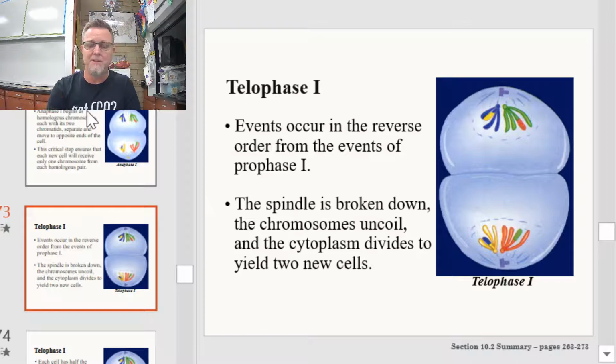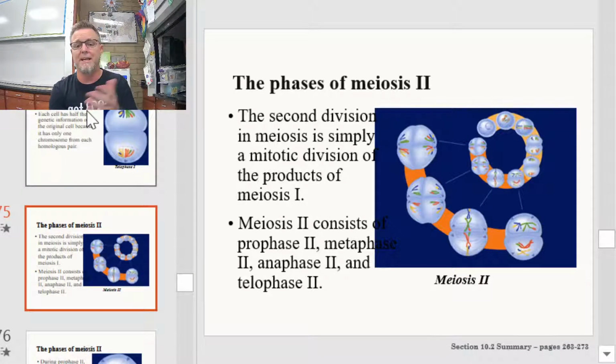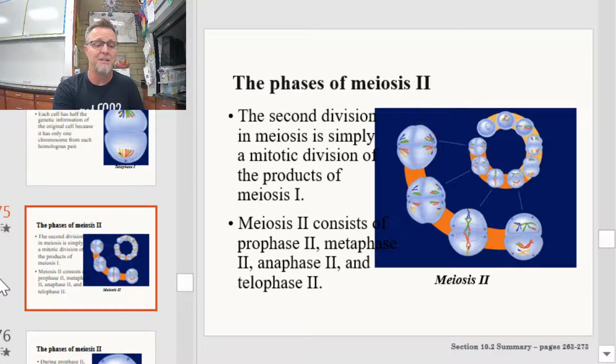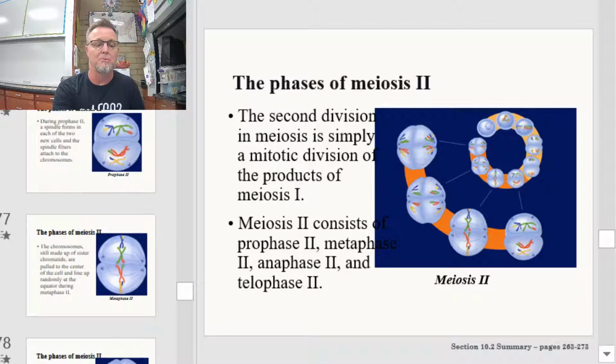As soon as meiosis II is needed to produce a gamete, well, we're going to get a second set of divisions that literally look identical to mitosis. There's a prophase II, metaphase II, anaphase II, and telophase II to finish off the division of this cell. Okay, so I'll run you through them pretty quickly.